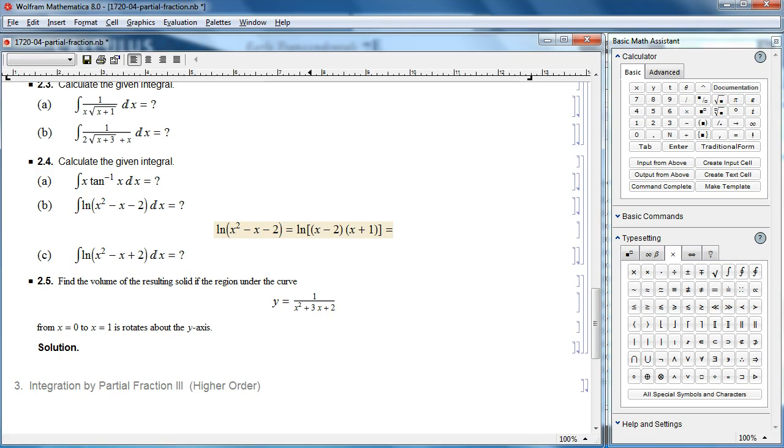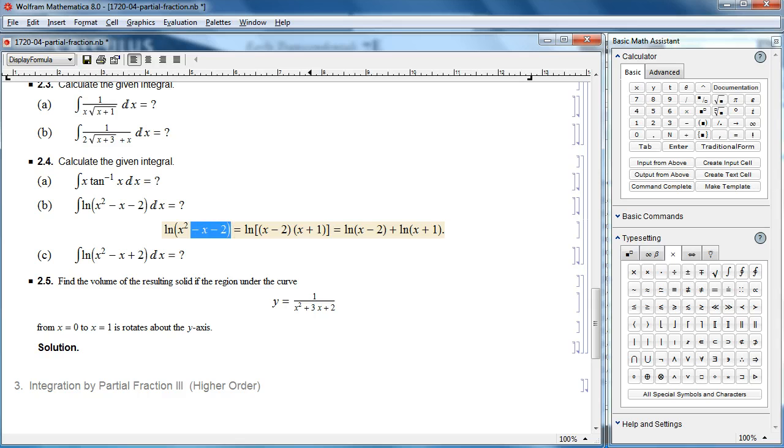Yes, consequently this is log of x minus 2 plus log of x plus 1, and I think you can avoid the decomposition by partial fraction if you use this method. Yes, integration by parts will have to show up, because the antiderivative of this will be an integration by parts, antiderivative of that will be an integration by parts, but partial fraction, I think you can get away with that.